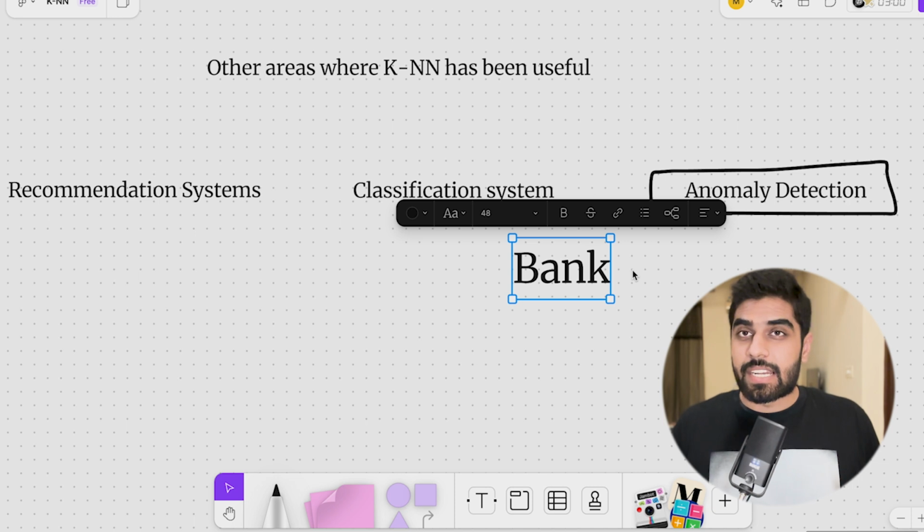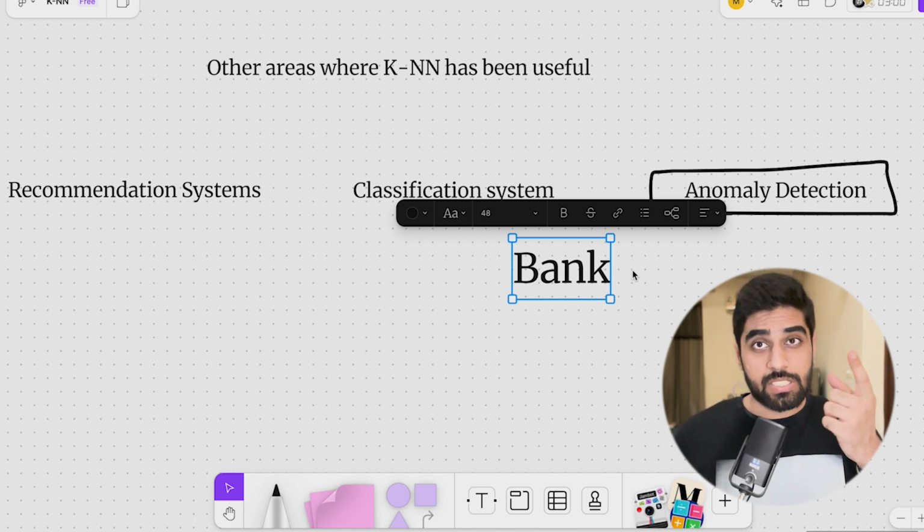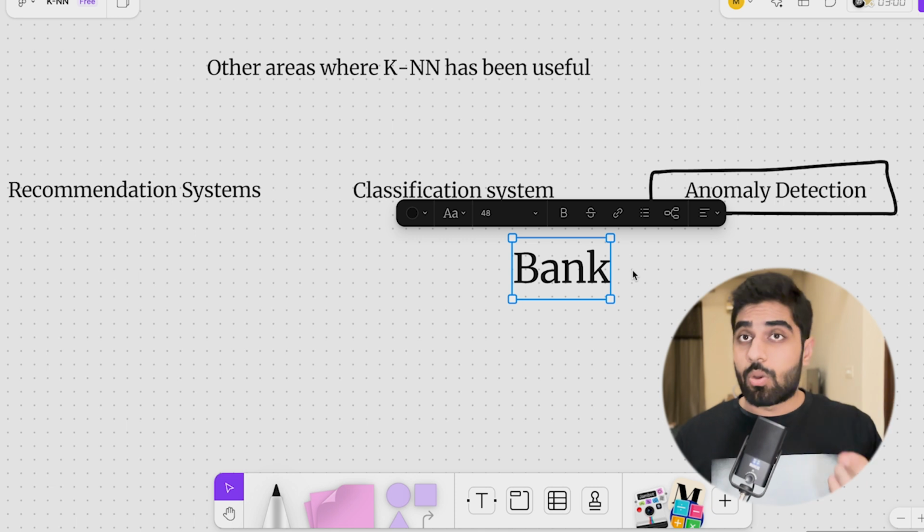How did it detect it? It detected based on features like your usual transaction amounts, the locations where you usually transact, how far away from your home or from those places you are, and a previous history of how many frauds were reported in that type of transaction, and so on. We can think of more complex features as well.